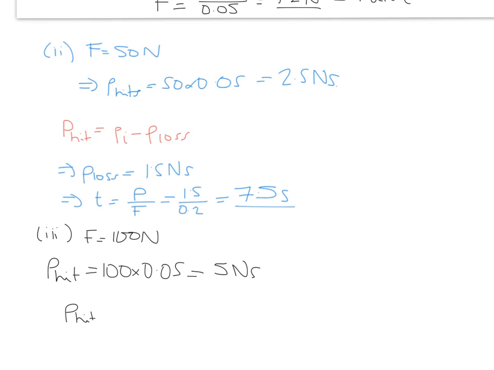But we should notice the hit momentum is actually greater than the initial momentum, so it's impossible there, because we know it starts with 4, so you can't arrive with 5 at the point it hits the person. So that's an impossibility there.